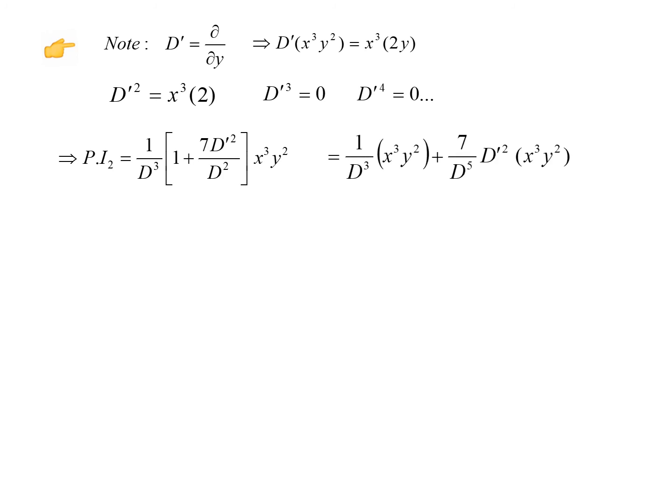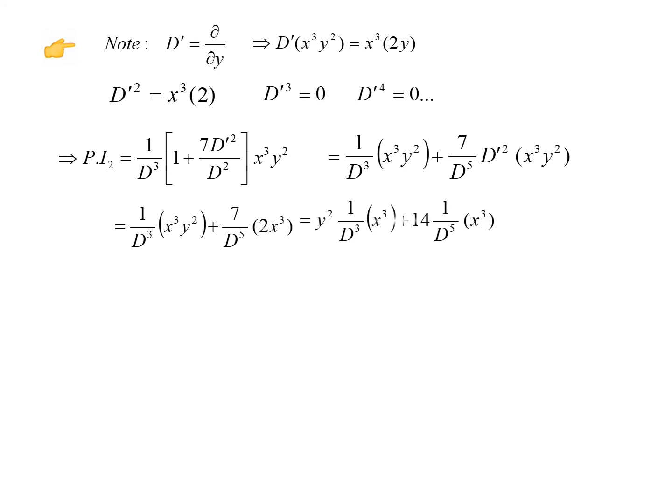Now separately multiplying 1 by d cube of x cube y squared plus 7 by d power 5 d dash square of that. So 1 by d cube of this plus 7 by d power 5 of, now d dash square, when you operate on that x cube y squared, what is d dash squared answer? Already we analyzed. It is 2x cube, right?